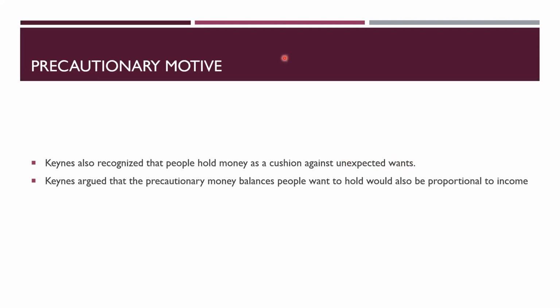Okay, people don't want to discuss today. All right, so unexpected ones come in various forms and packages, but people need to be prepared for such events. That's why we are saying precautionary motive. We are using money as a cushion against the occurrence of unexpected events.